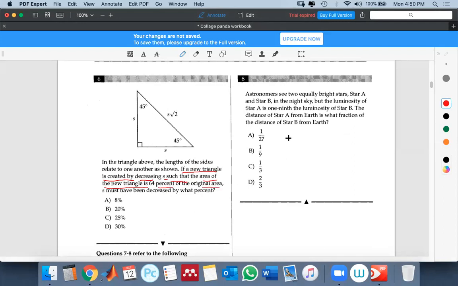Be careful, this is the normal triangle. Let me write: area new is equal to 0.64 times area old. Do we agree on this or not? 64% means 0.64. So the new area is 0.64 of the old area.